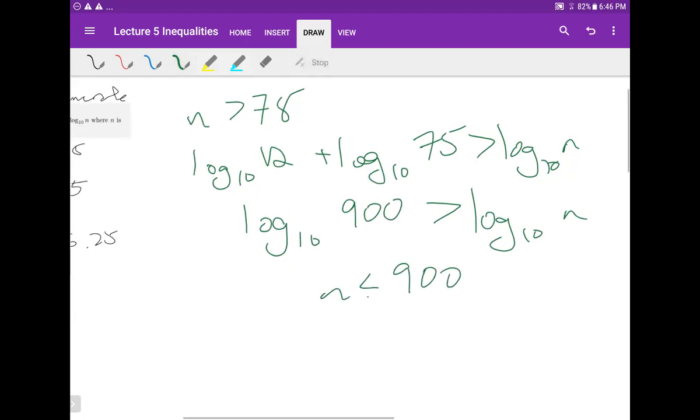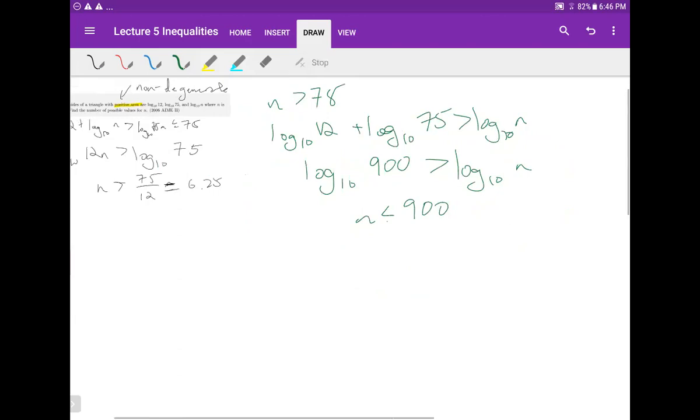So if we combine these two intervals, then we have that n is between 6.25 and 900, exclusive, meaning that 900 is not included and neither is 6.25. And we want to find the number of possible values for n, and n is a positive integer.